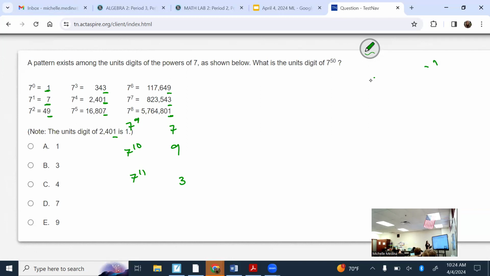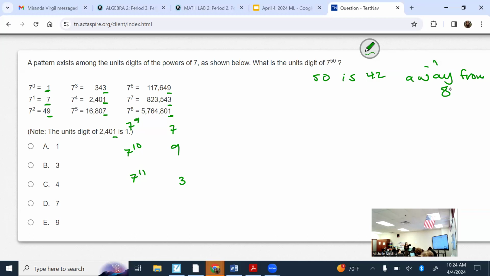How far away is 50 from 8? 42 spaces away. So 50 is 42 away from the last power that they give us, which is 8. And it goes through 1, 2, 3, 4 different numbers. Okay, it keeps going 1, 7, 9, 3, 1, 7, 9, 3.